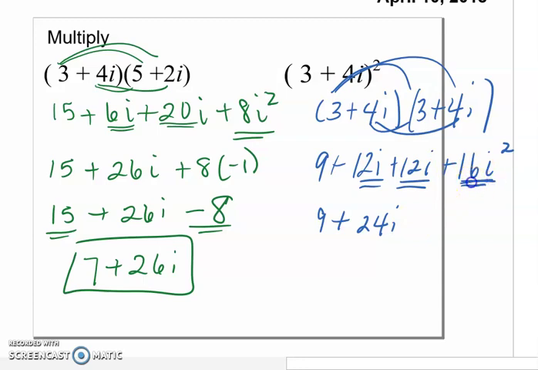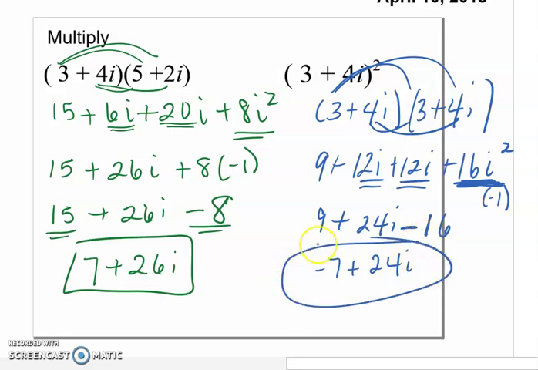And then now I want to change that i squared. So i squared becomes -1, and so that becomes -16. 9 minus 16 is -7. So the answer is -7 plus 24i.